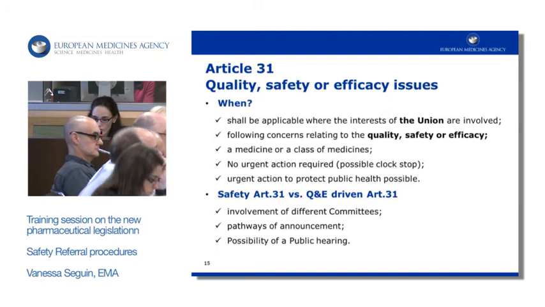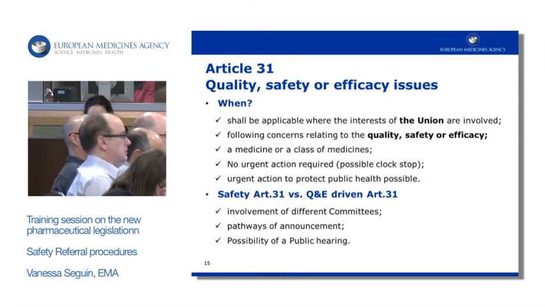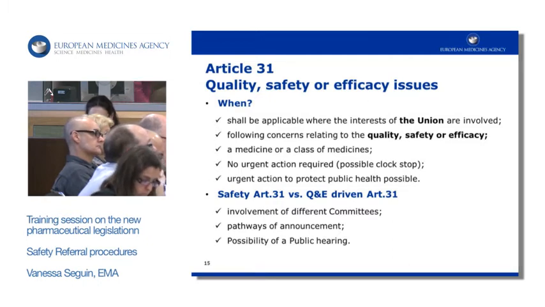Because in contradiction to the 107I procedure, here you've got possible clock stops. So basically, several lists of questions can be addressed to the MAH, and so the timetable is not as strict as the 60-day one Annabella clearly described.